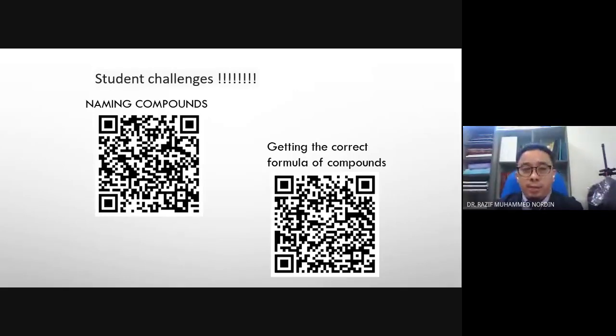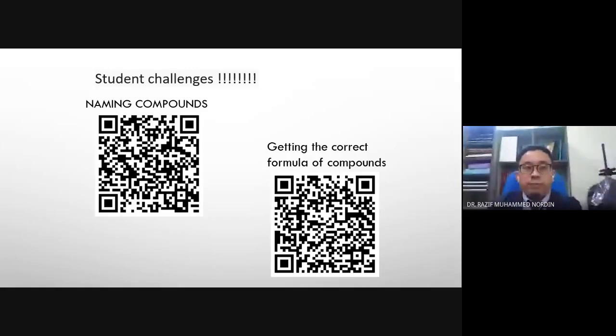dalam basic chemistry ni yang student saya hadapi, student di Perlis, saya tak jelas dengan situasi kamu. Kebiasaannya student are not able to name the compound. And then situation become worse. Let's say that you were given the name of a certain compound, but you cannot transform it into the right formula for that particular compound.